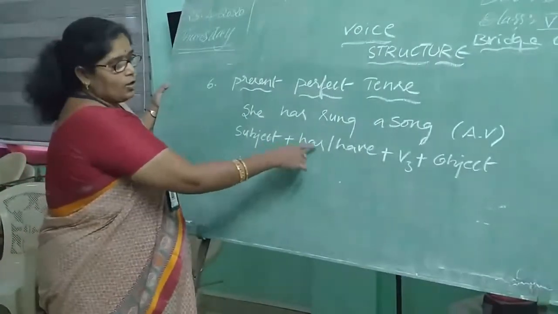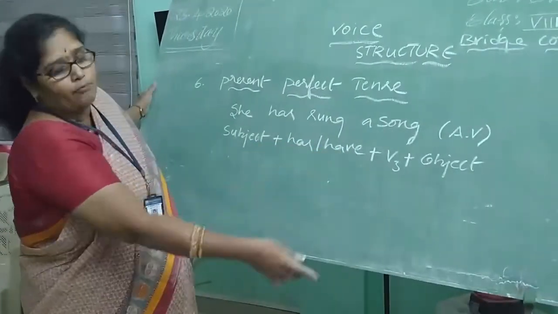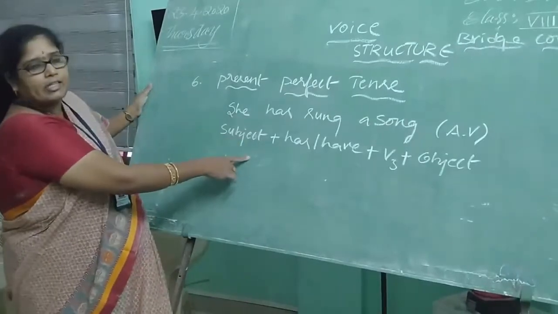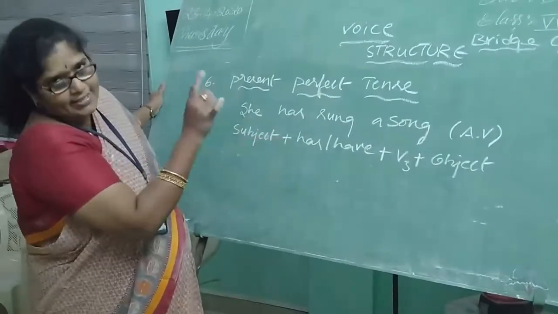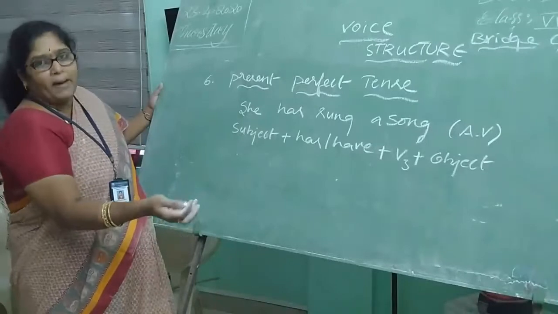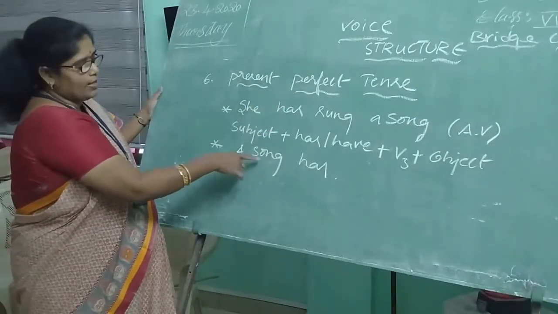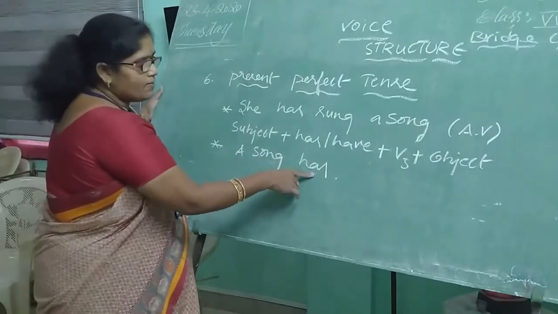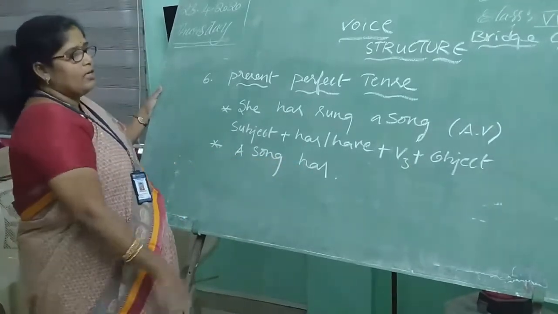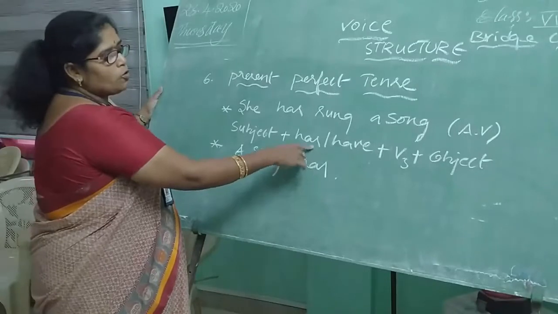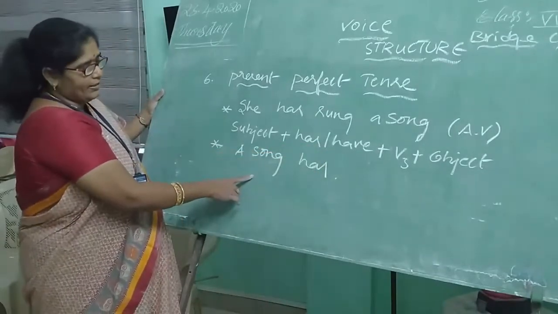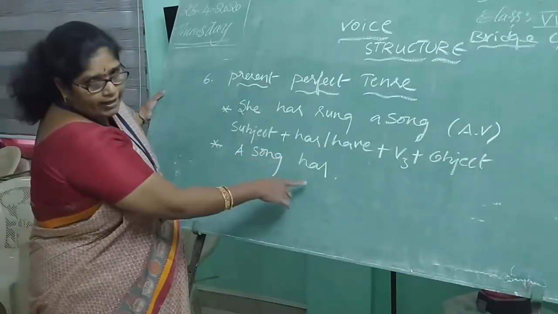So this is the structure of present perfect tense. Now let us change it into passive voice. A song. Okay, object changes into subject, so a song, and here comes has or have, children. You have to choose one depending upon the subject. Song is singular, so I have taken has.